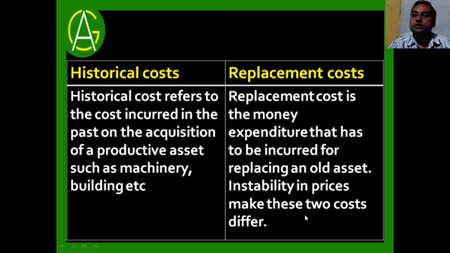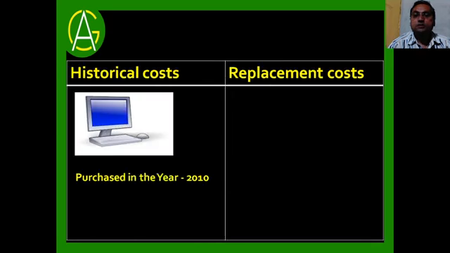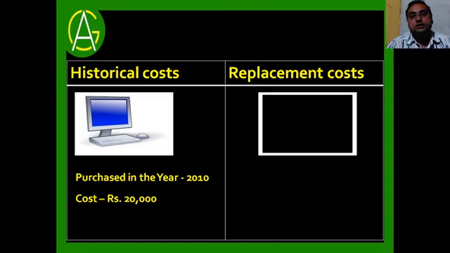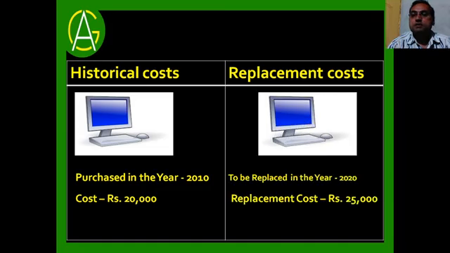Prices will always go on changing. In the year 2010, the computer's price was 20,000, but in the year 2020, the same computer is available at 25,000. Because of this difference in the price, replacement cost is higher than the historical cost.